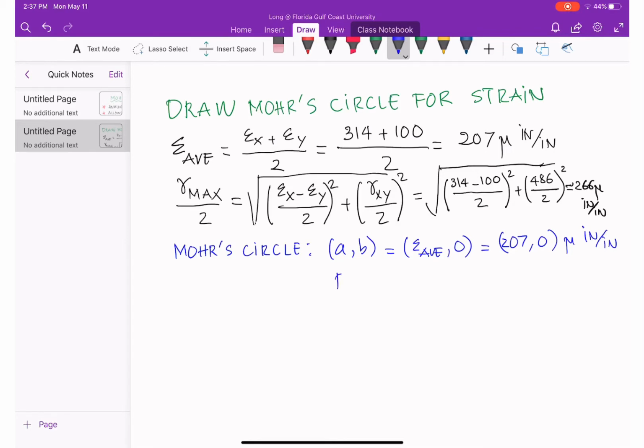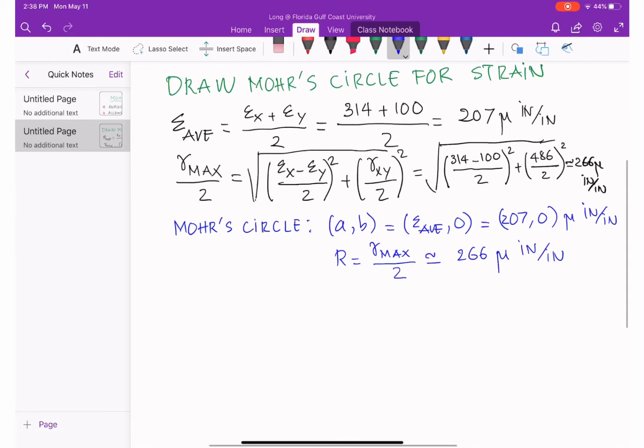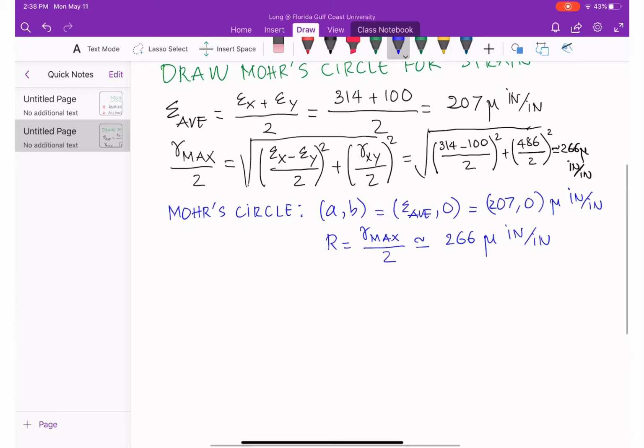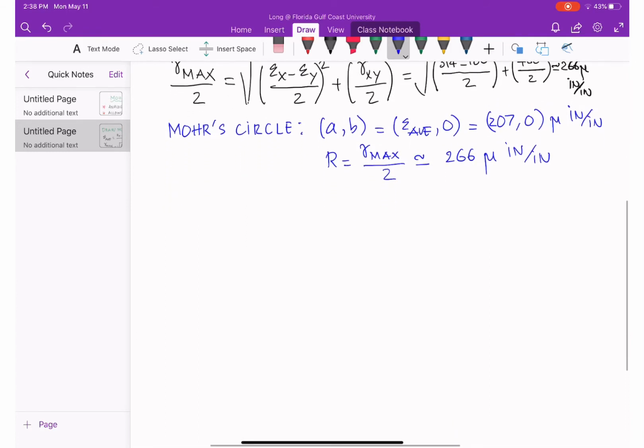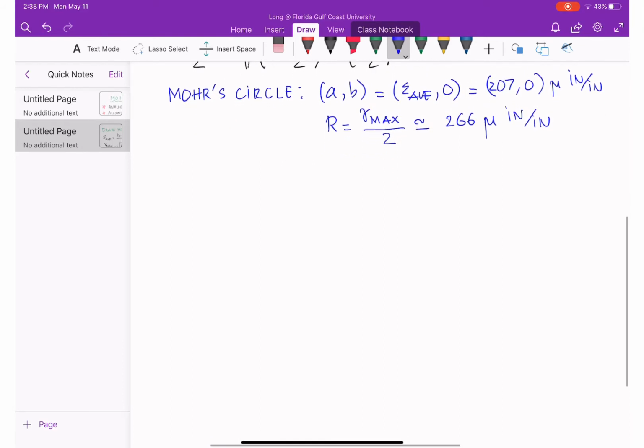Then we have the radius equal to gamma max over 2, which is about 266 micro inch per inch. With that information, exactly the same as what we did previously, we can draw the Mohr's circle.